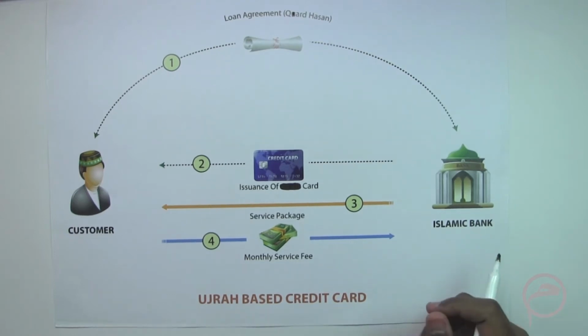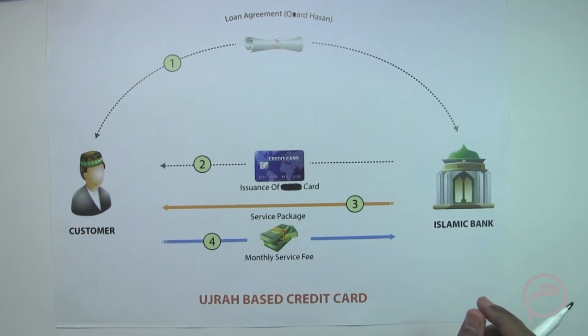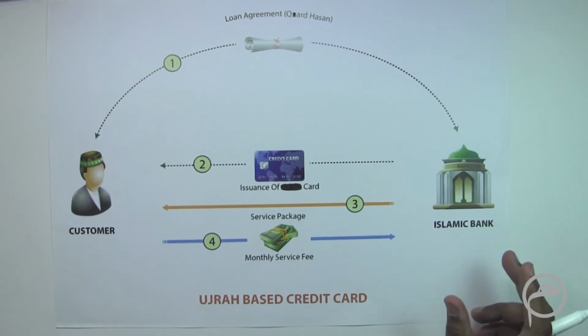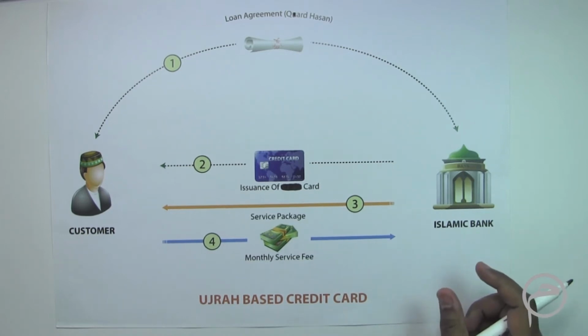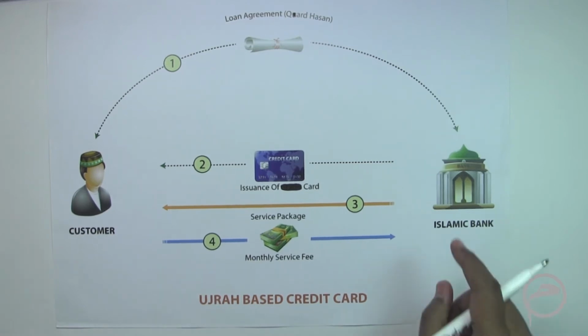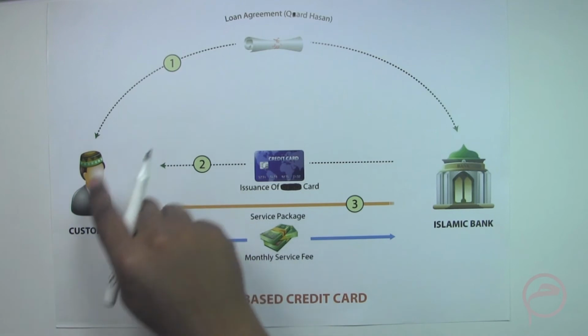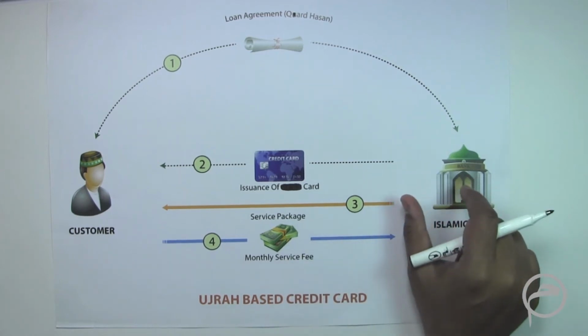Now let us discuss an Islamic credit card. Generally there are two structures used to issue an Islamic credit card. One is the Ujrah structure, which is called a service based structure, wherein the customer approaches the Islamic bank and enters into a loan agreement with the Islamic bank.